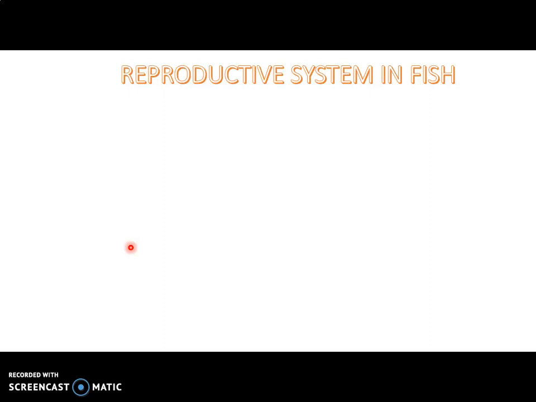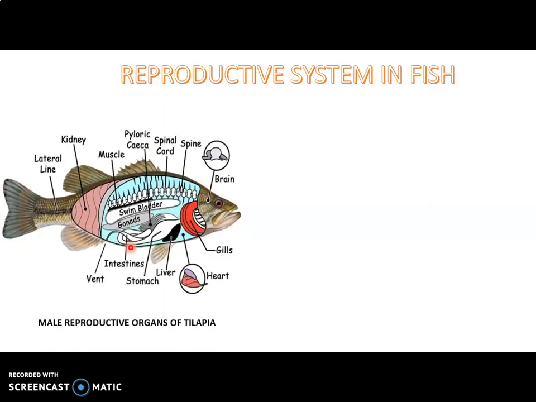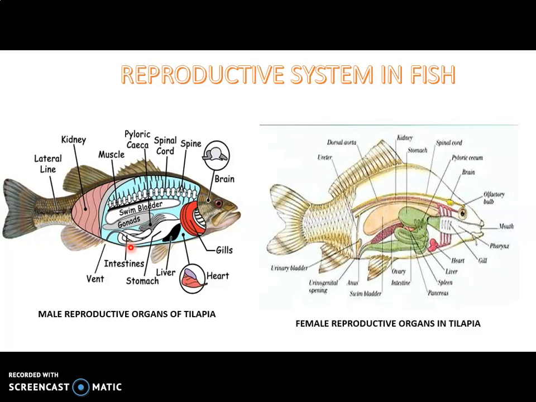The female reproductive system and the male reproductive system of a fish are always found within the abdominal region of the fish. The female is the one that lays the eggs. During reproduction, the female fish lays about 10 million eggs at a time, and these eggs are laid outside the body, inside the water.